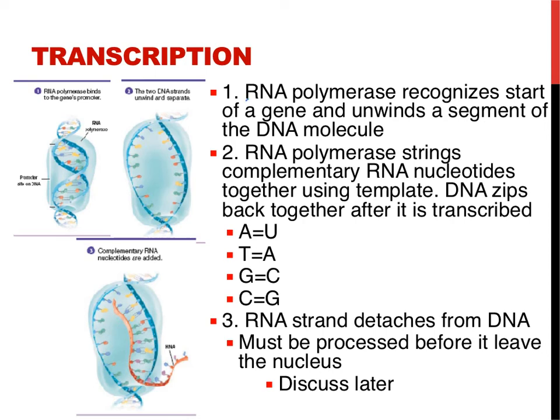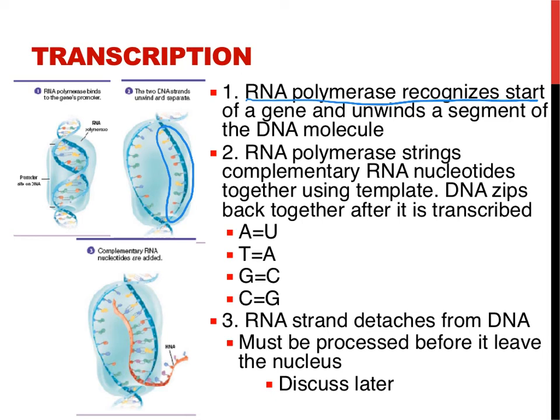The RNA polymerase recognizes a start of a gene and unwinds a segment of the DNA molecule. Remember, it's not going to open up the entire molecule because it only needs this one small part, this one gene. Okay, the RNA polymerase attaches complementary RNA nucleotides together using the template. The template would be part of the DNA molecule that was opened up, and it would be reading those bases and bringing in the appropriate RNA nucleotide.